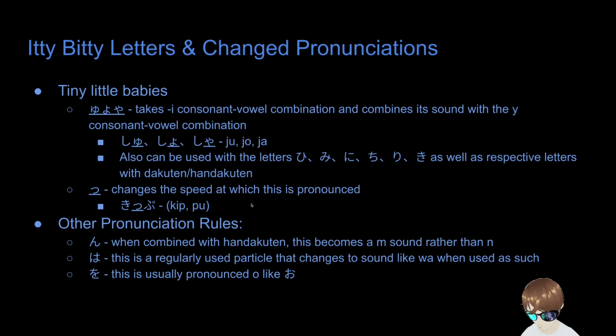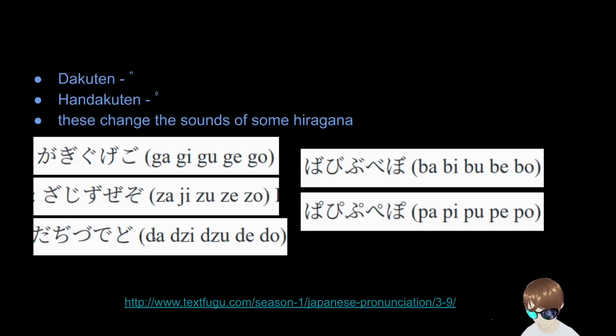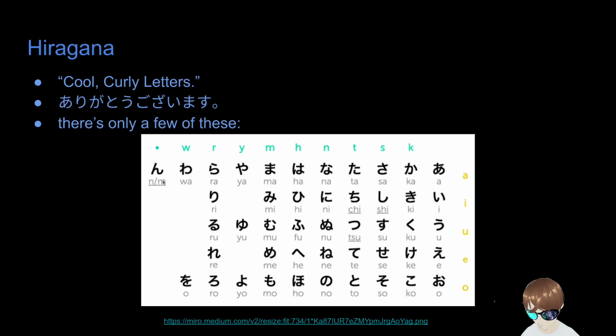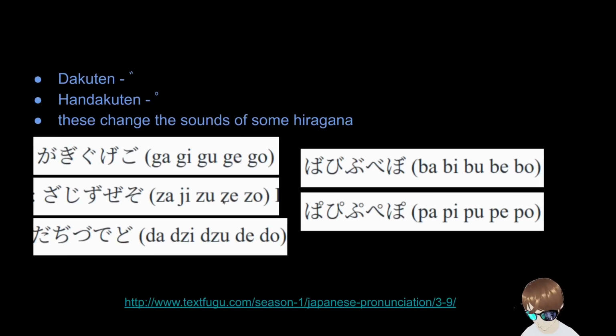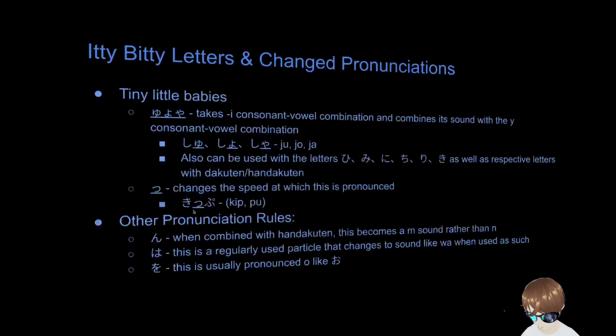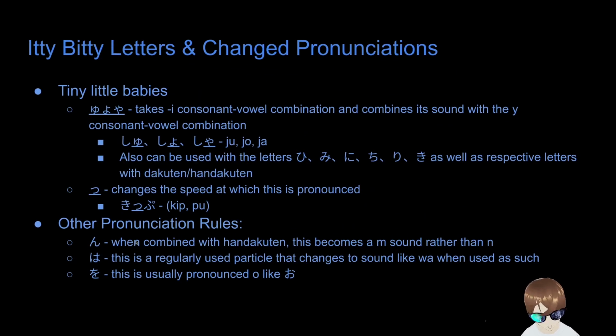Other pronunciation rules, as I showed earlier in this slide: N can sometimes sound like an M. I can't really think of too many, because even sampo, which is an example I can think of, sounds sometimes like an N, sometimes like an M. But one I can think of is in katakana, which all of these pronunciations pretty much apply to: computer.